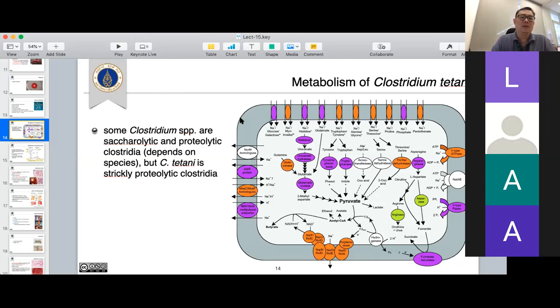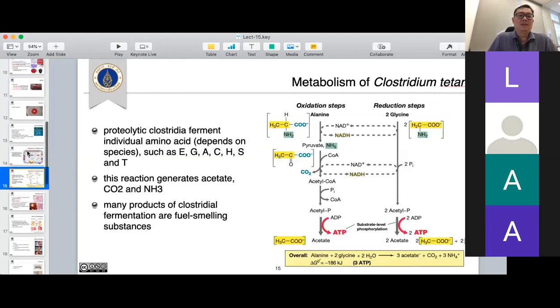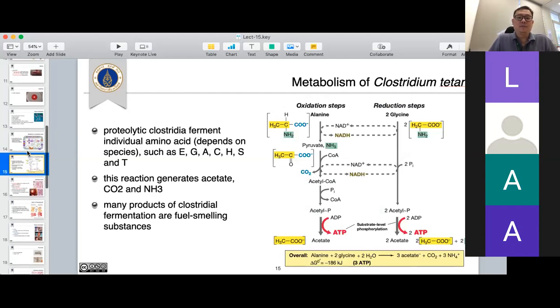One key of the pathway of tetani is the Stickland pathway. The Stickland pathway is the way that Clostridium consumes alanine and two molecules of glycine together.